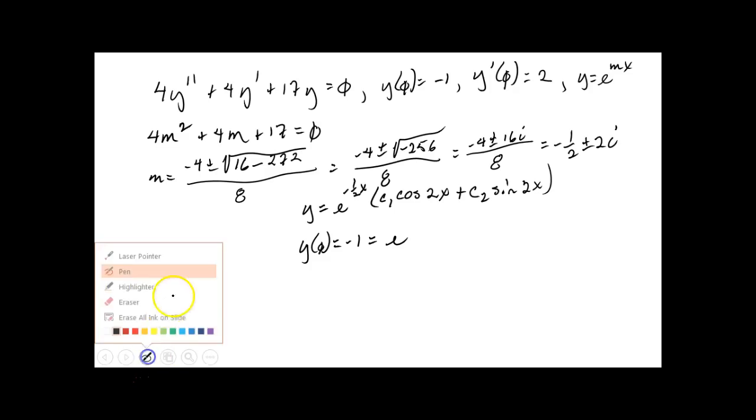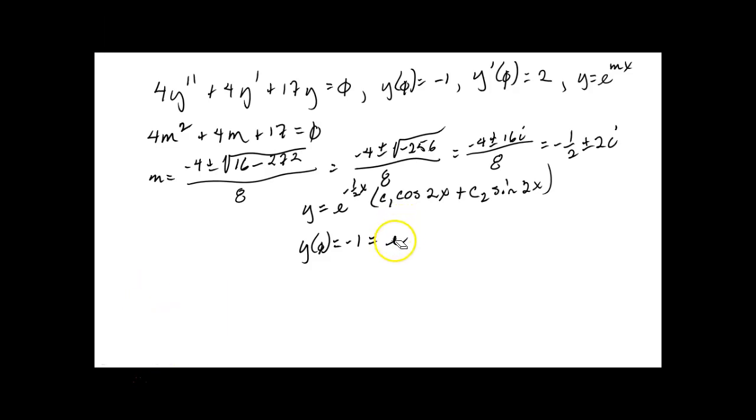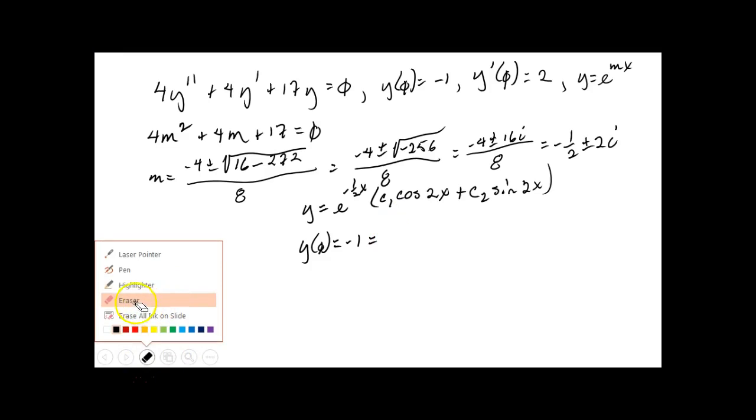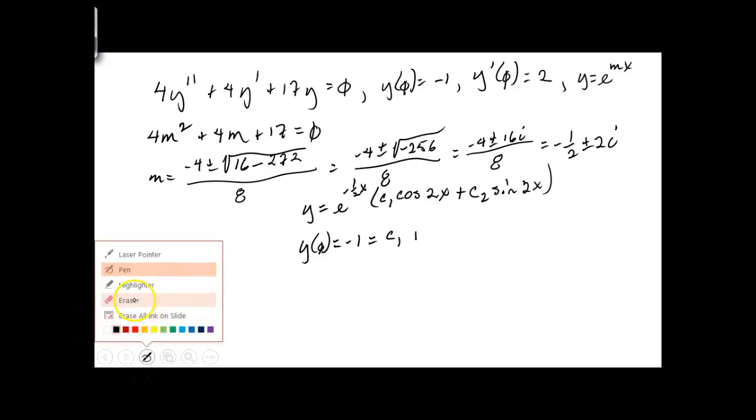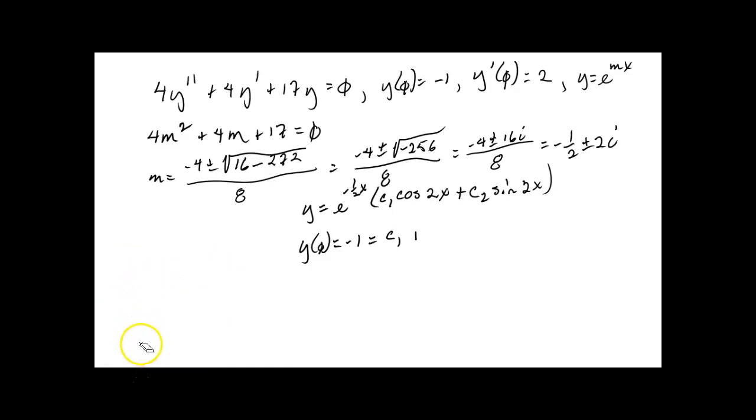Okay, so we don't need the e there at all for this one. Okay, so it boils down to C1. What's cosine of 2 times 0? Yep. 1. So that's just a C1 plus, what's sine of 0? 0. You don't have anything there. So forget the plus sign that I started to write. So guess what C1 is? Negative 1. Got that one done.